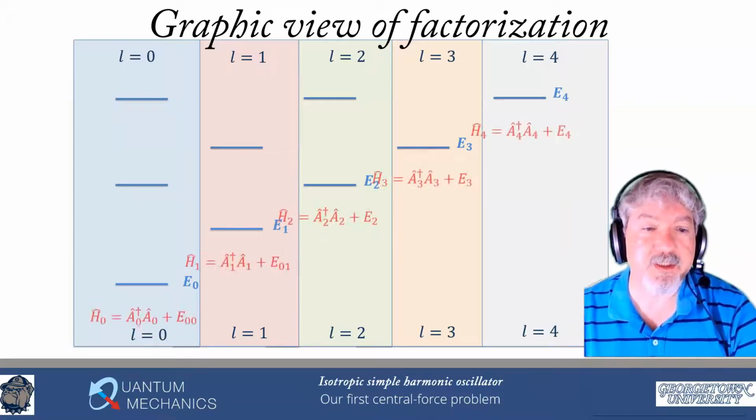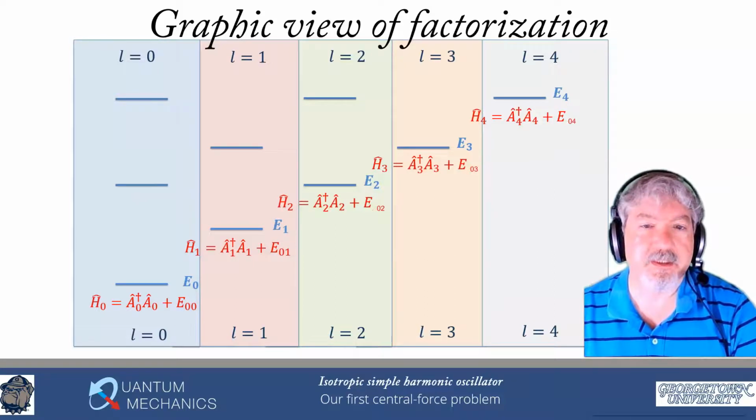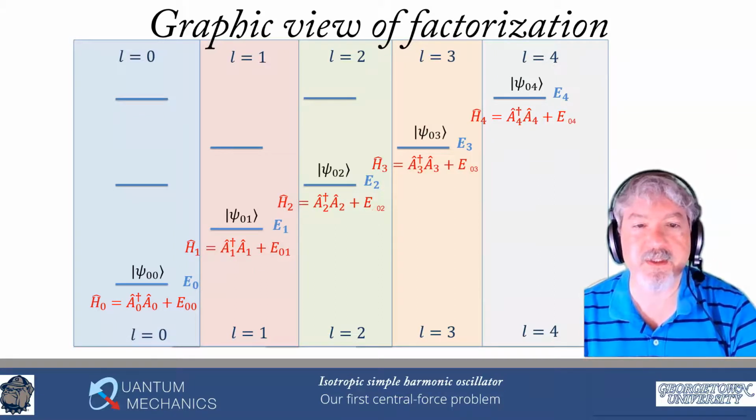Let's plug in what these different Hamiltonians are. These are the HLs, not the auxiliary Hamiltonians. And I see that I have a slight error there. Those E2s, E3s, and E4s should be E02s, E03s, E04s. Sorry about that. And the states that we have are, of course, the psi 00, the psi 01, the psi 02, the psi 03, the psi 04.